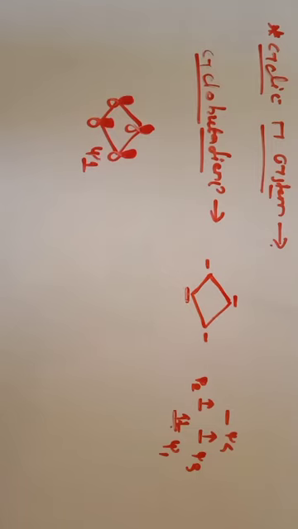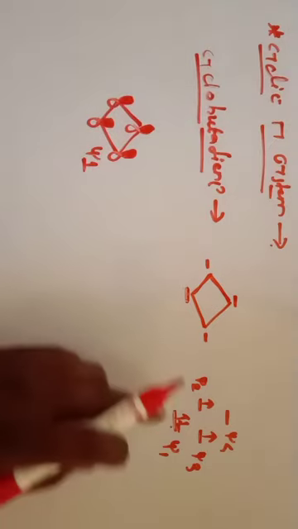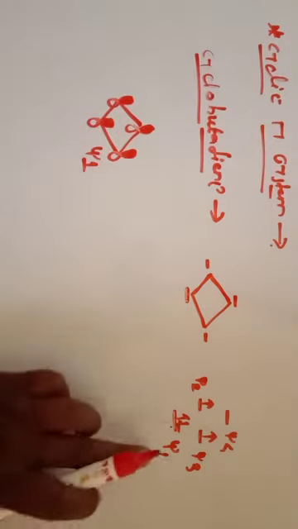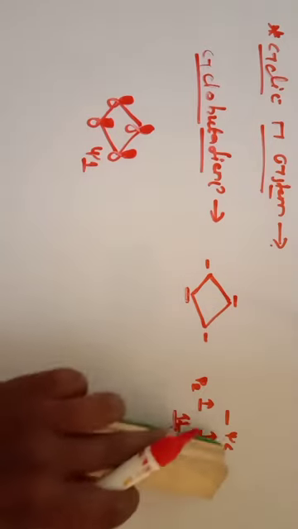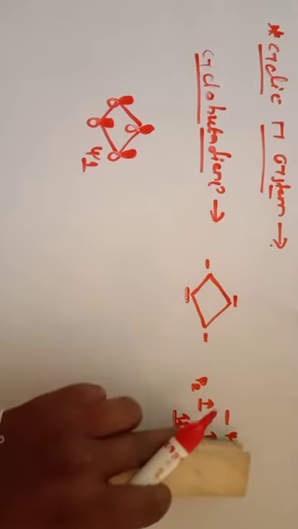Then psi 2 and psi 3 have the same energy, and psi 4 has no electrons. They have different energy because it has two nodes. Because psi 2 and psi 3 have the same energy, we can write only psi 2, and the last one is considered as psi 3.